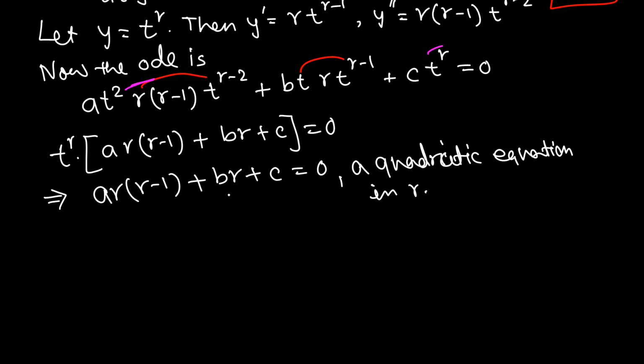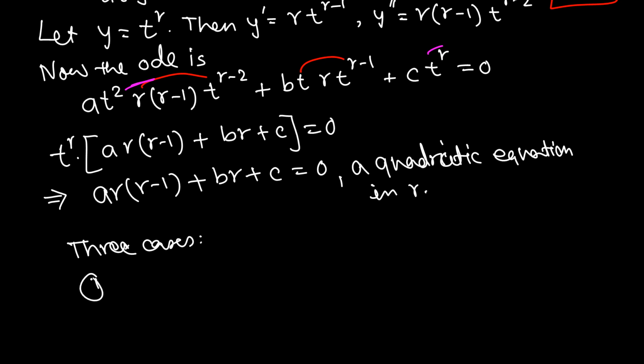So when we solve we get three different types of r values, so three cases. As we saw in algebra, when we solve a quadratic equation, the roots can be real and distinct.